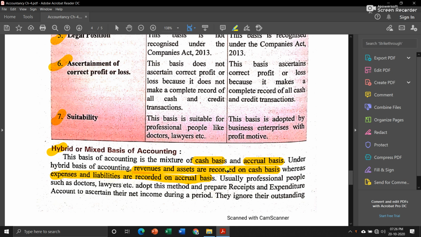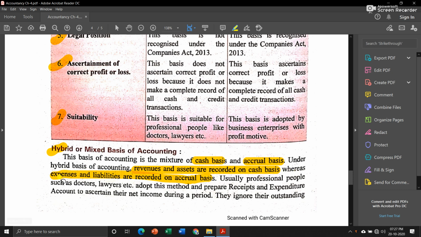Okay, now this point you have to remember, hybrid is nothing but a mix of cash basis and accrual, and revenue and assets are recorded on cash basis, while expenses and liabilities are recorded on accrual basis.